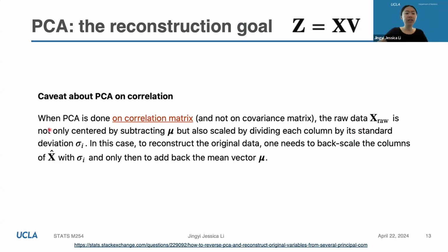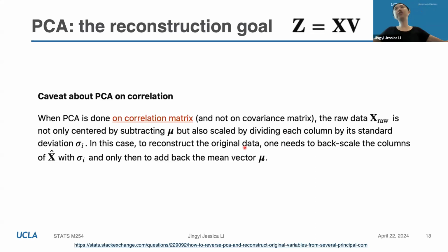It's not only centered by subtracting mu, but also scaled by dividing each column by the standard deviation sigma i for feature i. In this case, to reconstruct the original data, one needs to backscale the columns of this X hat with sigma i, and only then add back the mean vector mu. So you need to scale it back.